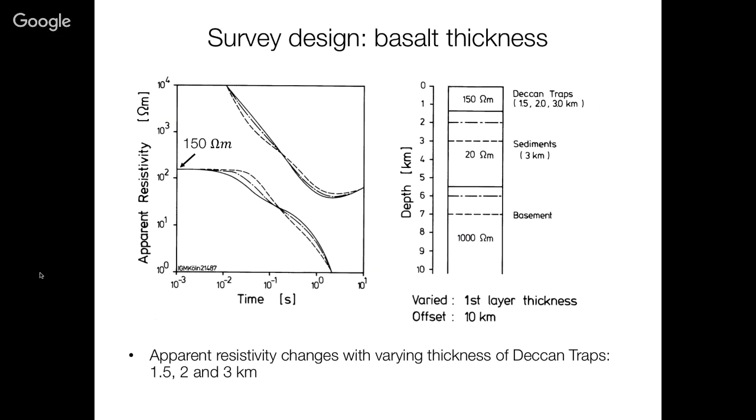For each time channel, you could convert to an apparent resistivity. There are actually two formulas for doing that, one valid at very early times, one valid at late times. But you can still apply these formulas and see how much change you get as you vary the thickness of the sediments from 1 to 3 kilometers. And you can see that, okay, we've got some signal there.